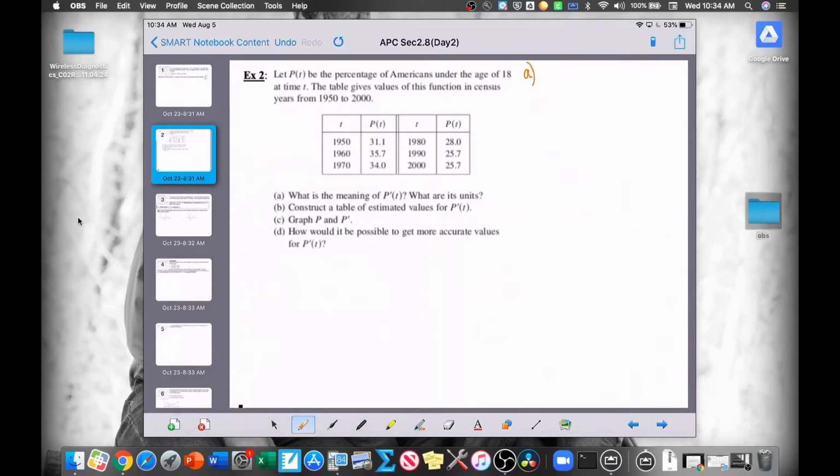So if our table is giving us the percentage of Americans under age 18 at any given time t, then P prime of t is going to be the rate of population change of Americans under age 18 at any given time t.